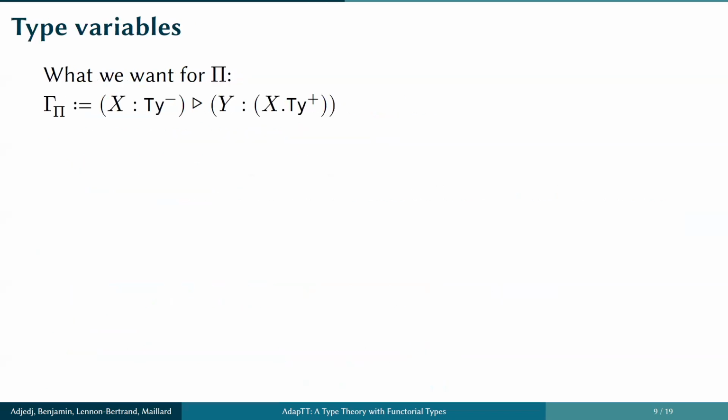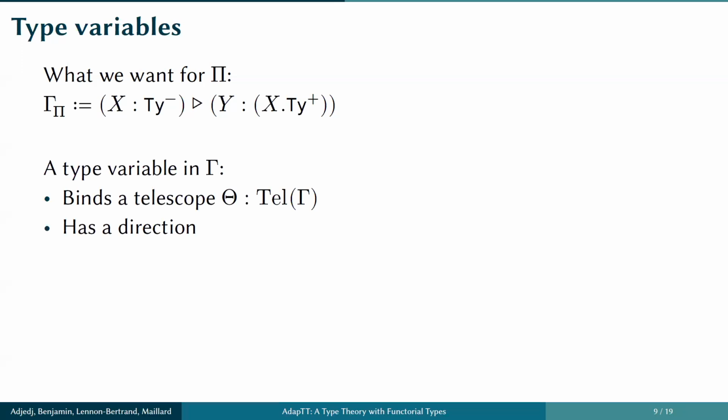To find a solution to that, we want to extend the notion of context and context extensions such that we may capture more data in those. So for example, for Pi, we would want to have some kind of context Gamma, which tells us that we have a certain x that will act contravariantly, and then a certain y that will depend on x and act covariantly. So these are new kinds of variables that we call type variables.